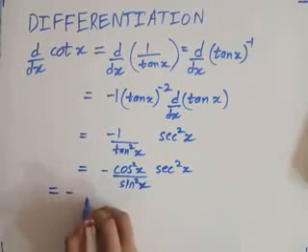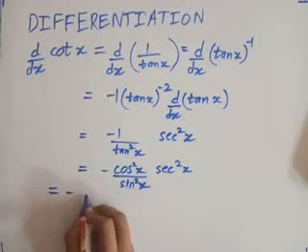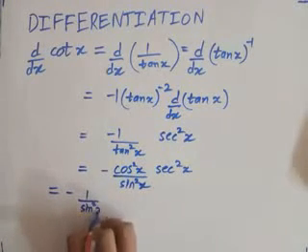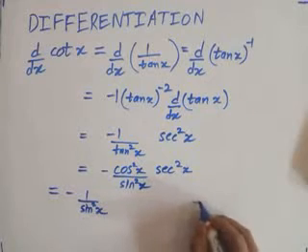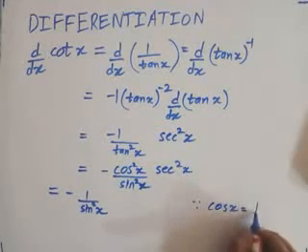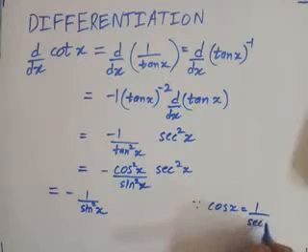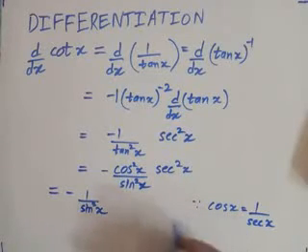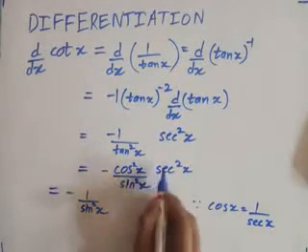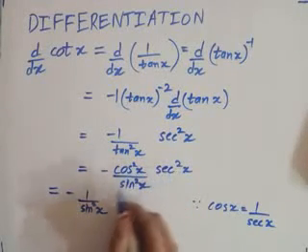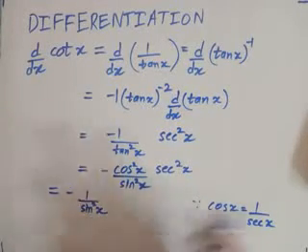Now this I can rewrite as 1 upon sine square x. So since sec x is equal to 1 upon cos x, these two are inverses of each other, cos square x and sec square x. So I can just cancel them out and write this as 1 upon sine square x.